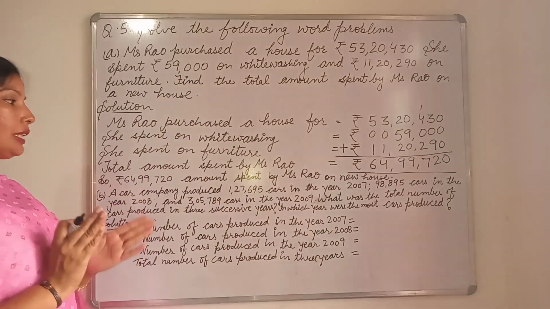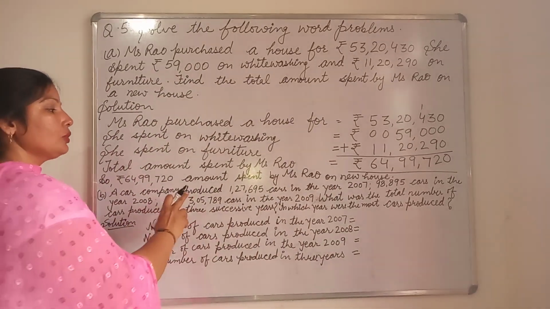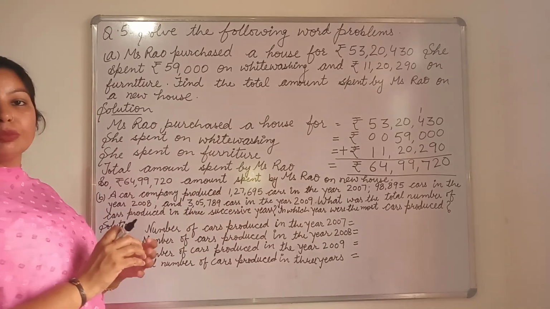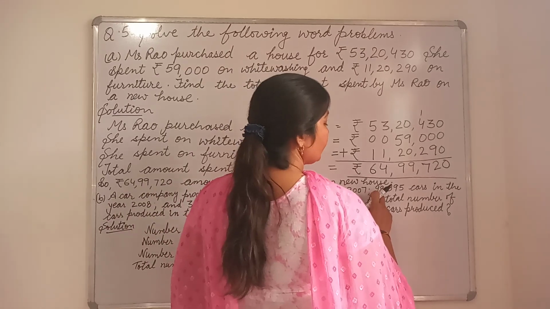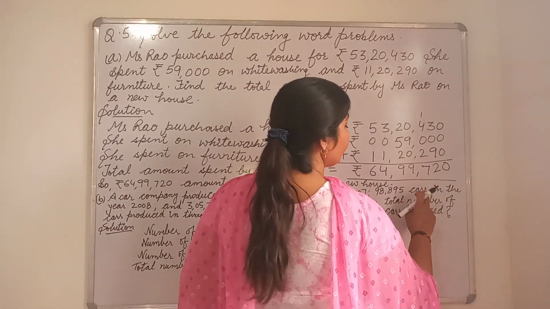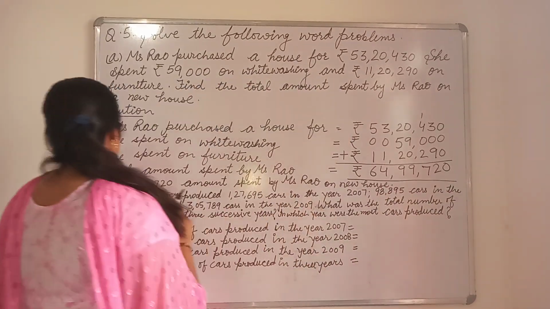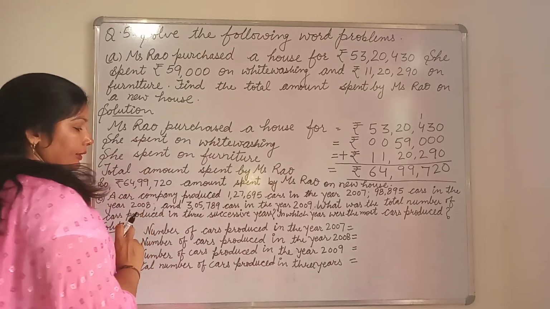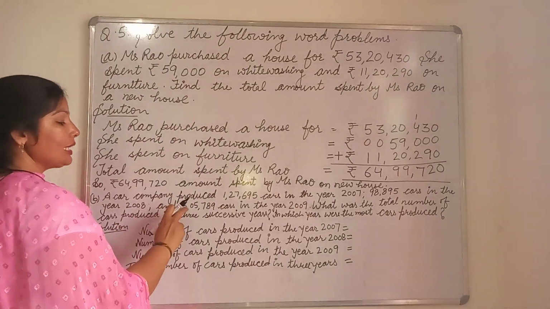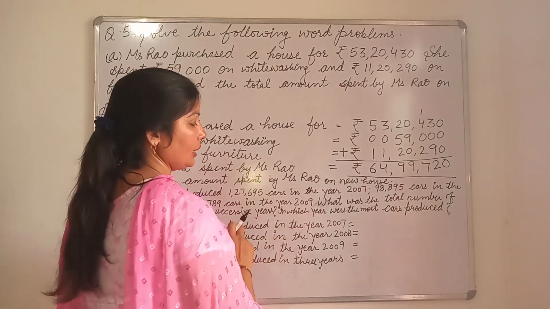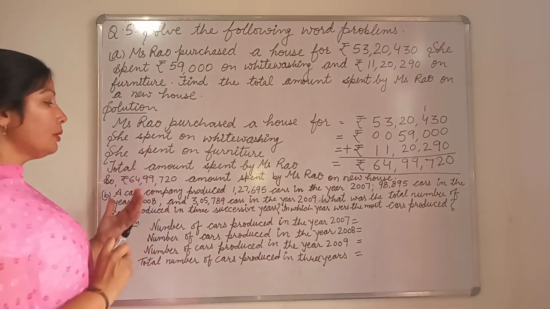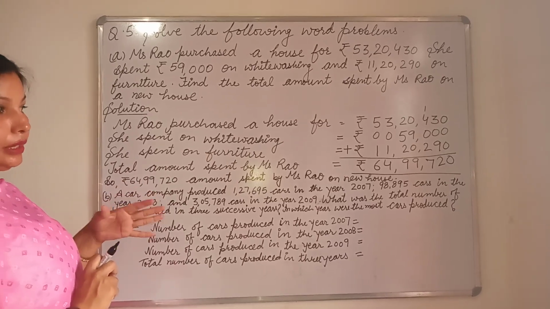Means in 2007, company produced these cars. Okay, produce means making. Then 98,895 cars in the year 2008 and 3,05,789 cars in the year 2009. So this car company produced in 3 years.